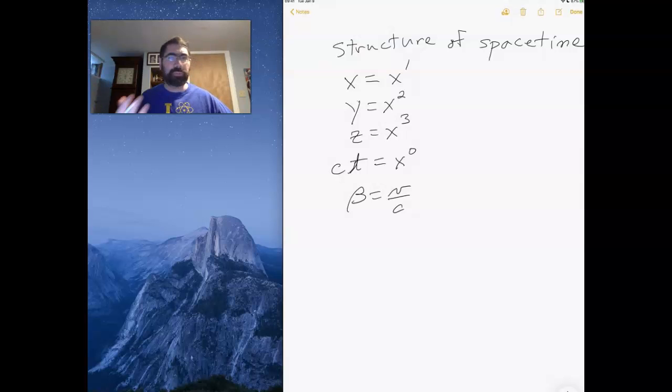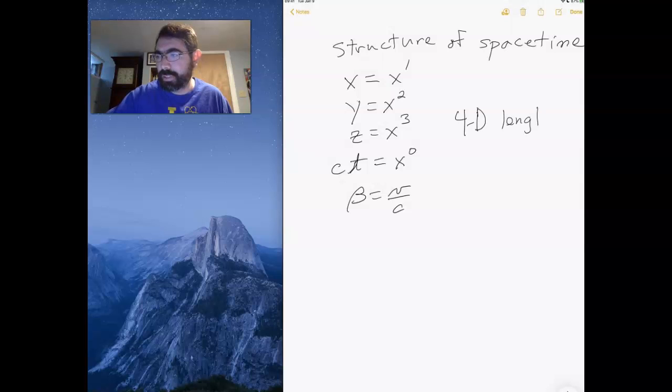And so now we have a four-dimensional length. So x, y, z, and ct are now the four dimensions that we live in. We can now rewrite these Lorentz transformations.